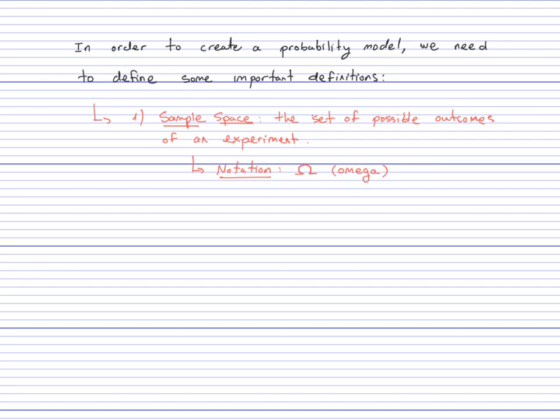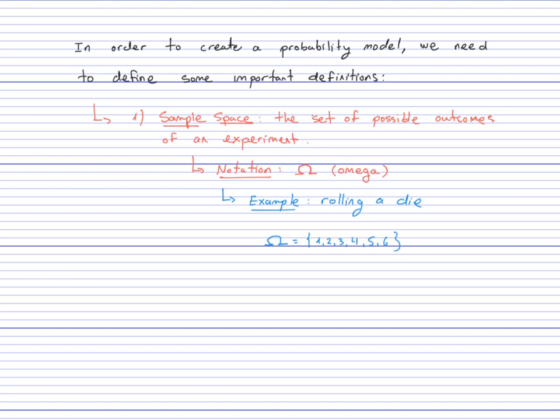And an example: if we go back to that classic example, rolling a die, what is the sample space of the experiment? Again, we use the notation capital Omega, and all the different possible outcomes of rolling a die are 1, 2, 3, 4, 5, and 6. And then we also use what we call curly brackets.